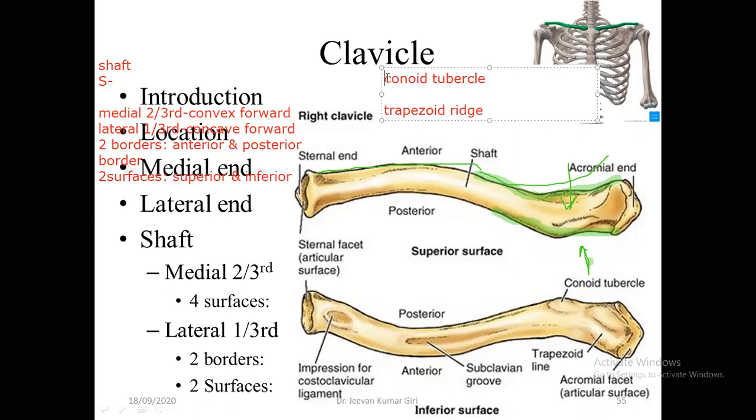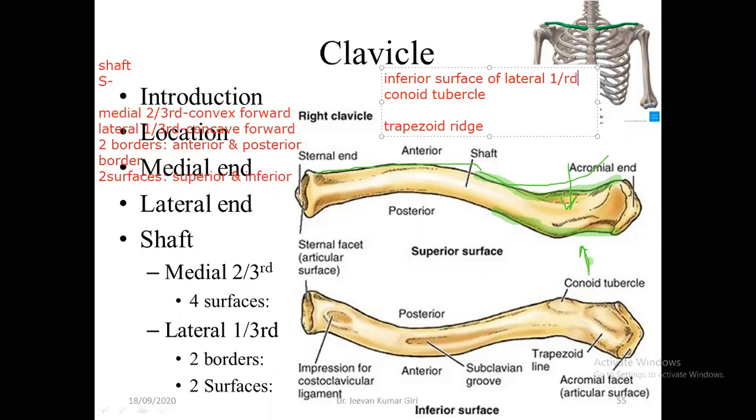So you will find these features in the inferior surface of lateral 1/3. So tubercle, that is the bony elevation, ridge is the linear elevation. So that you know already, terminology. So here this is the conoid tubercle, here is the trapezoid ridge.